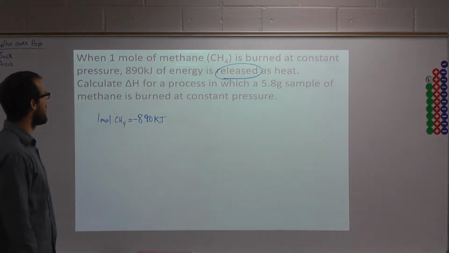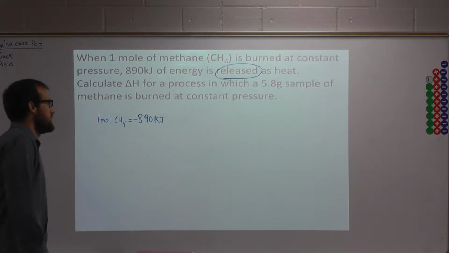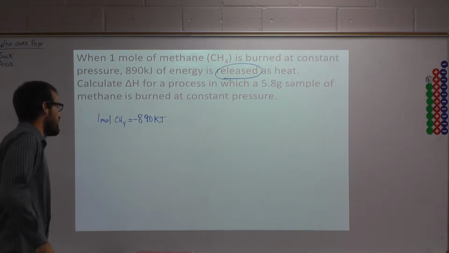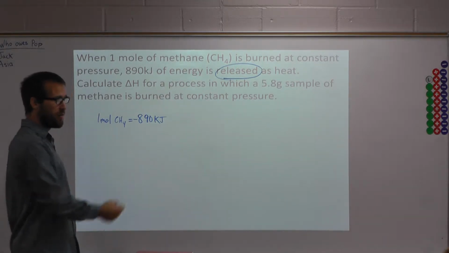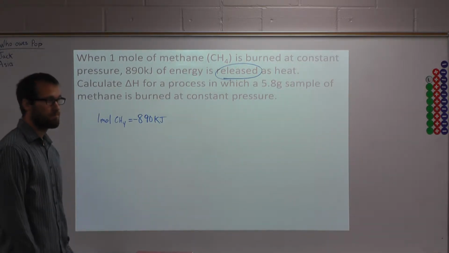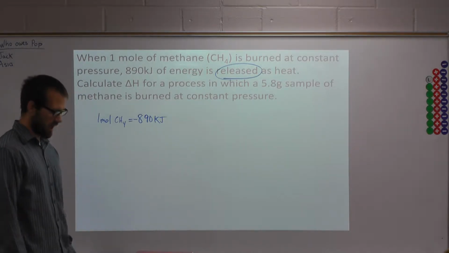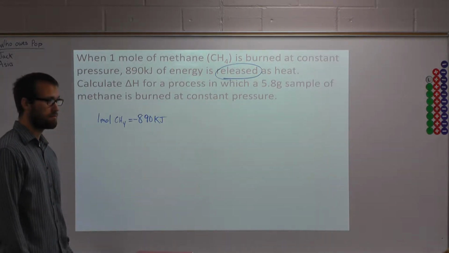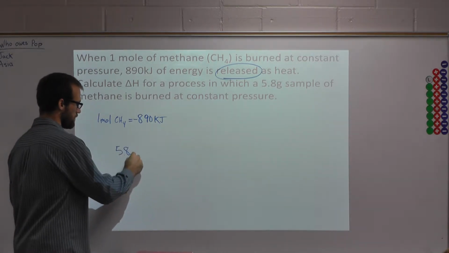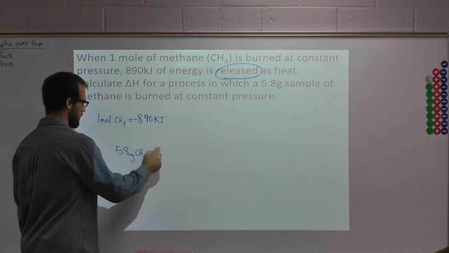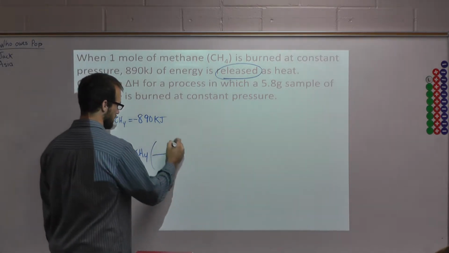All right, just calculate the change in H for the process in which a 5.8 gram sample of methane is burned under constant pressure. Well, we know if I have a mole, this is how much. What if I don't have a mole? Okay, so you're really just doing stoichiometry here. You would convert that to what?